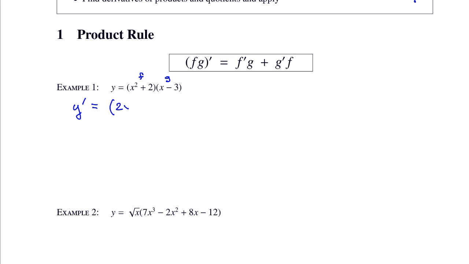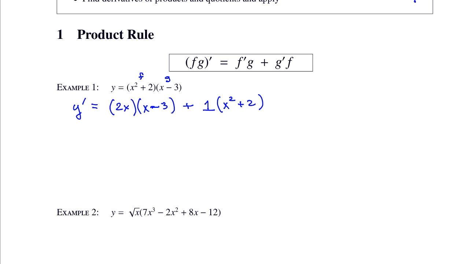What is the derivative of x squared plus 2? 2x. Times the g left unchanged, so it's the original x minus 3. Plus, what is the derivative of the g function? Yeah, the derivative of x minus 3 is just 1 times the original f function, unchanged.